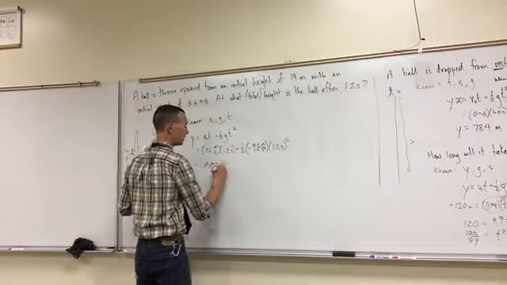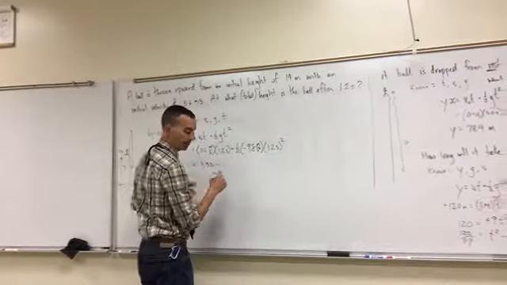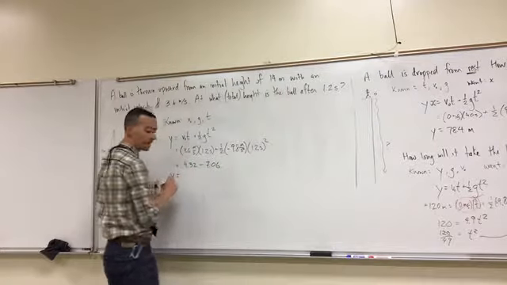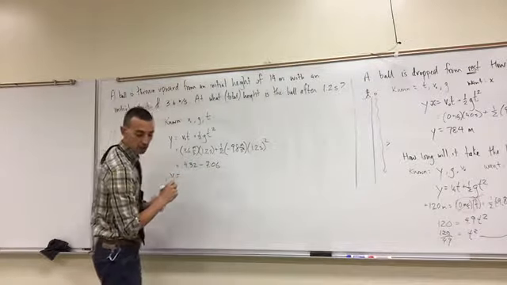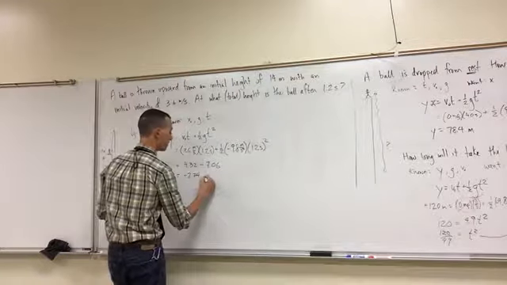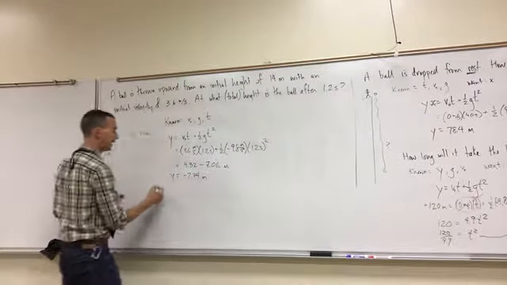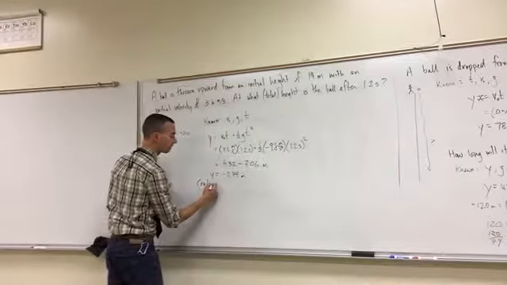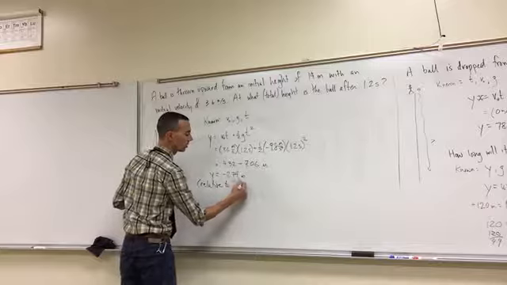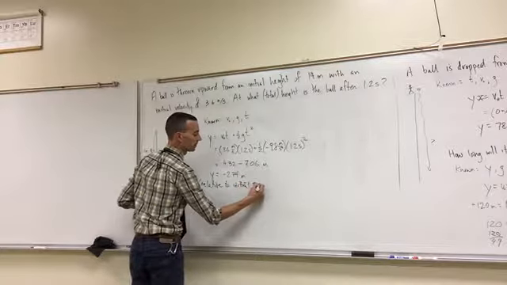4.32 minus, it looks like, 7.06. So our y is negative 2.74 meters. Again, you want to remember, this is relative to the initial position.